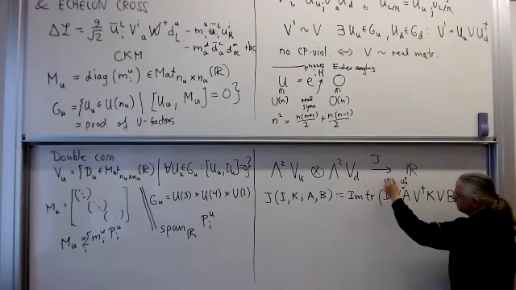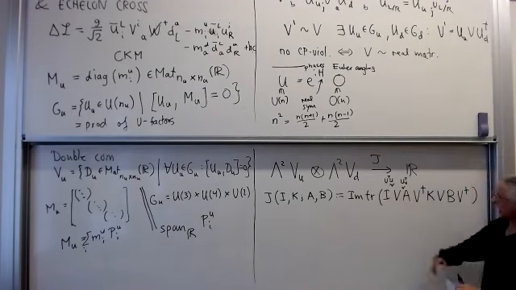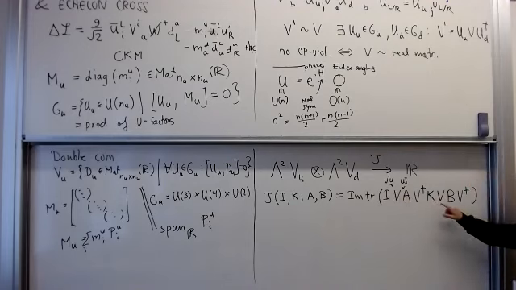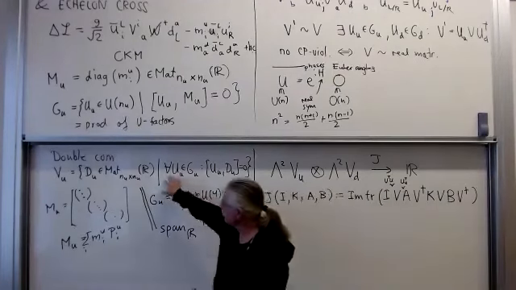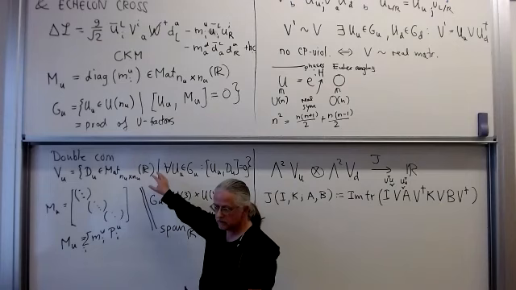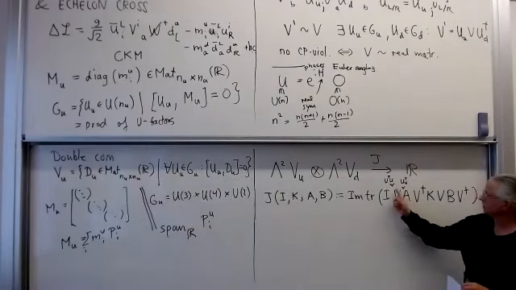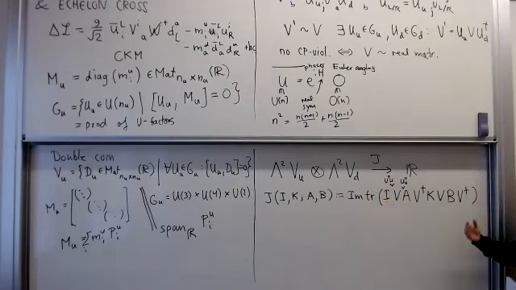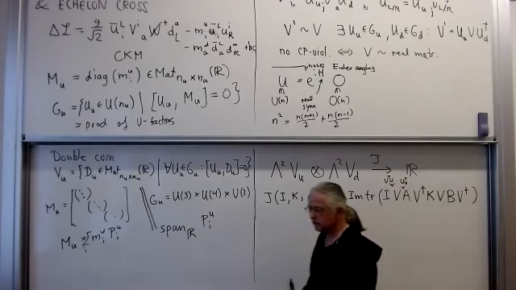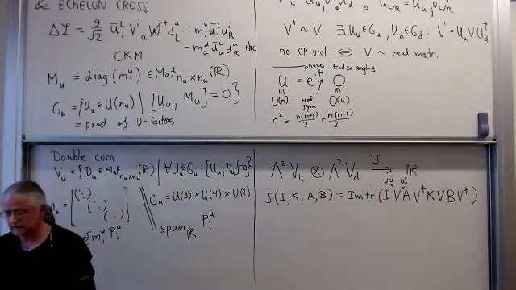So you of course have to put in a U dagger here. And the point is that the I and the A and the K and the B, these matrices live in the double commutant which commutes with the group action. So therefore, we can bring the unitary matrix past the I's, and therefore we see that it's actually invariant. Does that make sense? So this is the whole point.